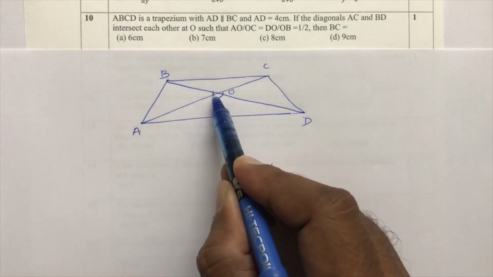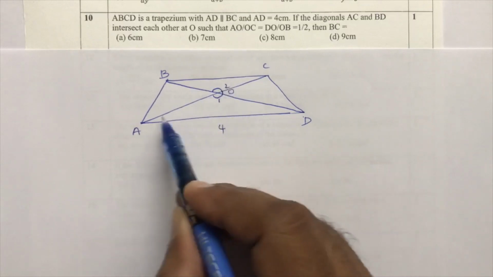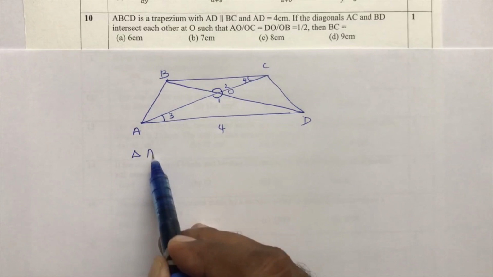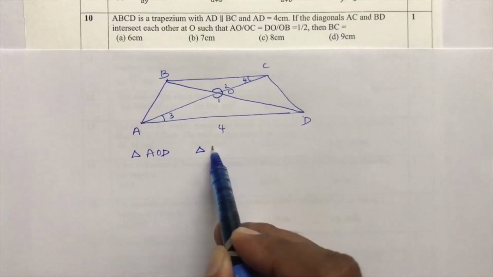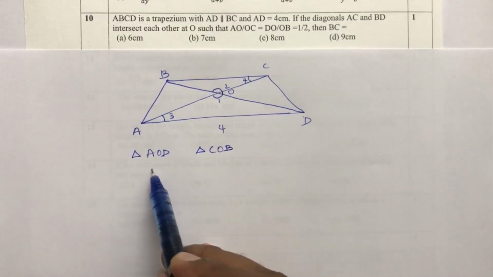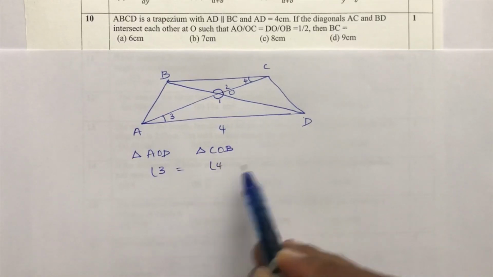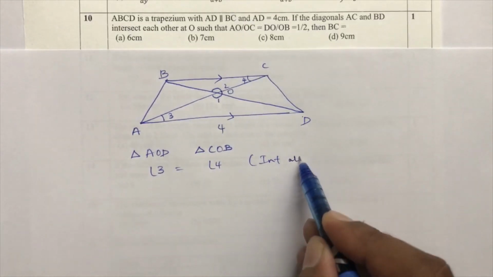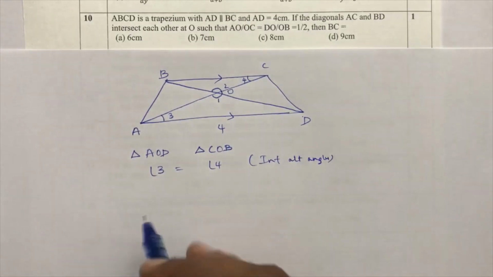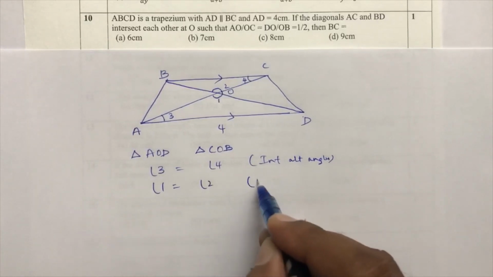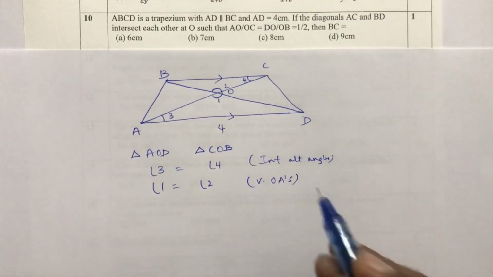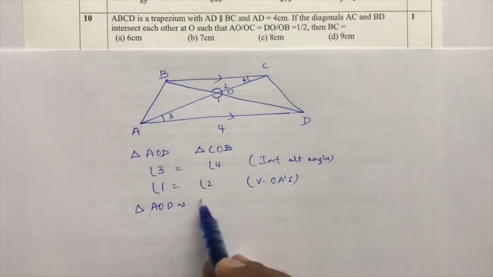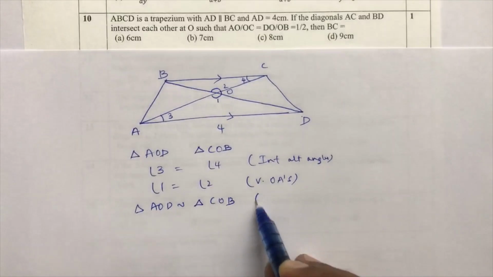Now see these two vertically opposite angles: 1 is equal to 2, 3 is equal to 4. In triangles AOD and COB, angle 3 equals angle 4, interior alternate angles because the two lines are parallel, and angle 1 equals angle 2, vertically opposite angles. So AOD is similar to triangle COB.